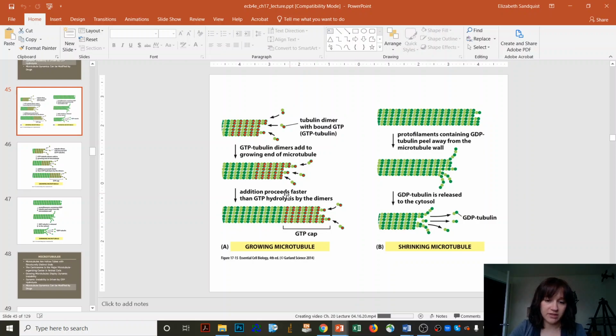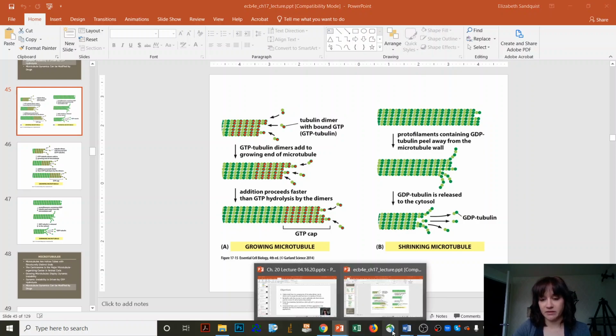It's when these proteins that have been recently added, after a certain amount of time, they're going to lose that phosphate group and be bound to GDP, just like the rest of these. And so if you're not continuously adding new GTP-bound tubulin, you will lose that cap. And when that cap is gone, now these GDP-bound tubulin that are unstable are free to fall away, right?